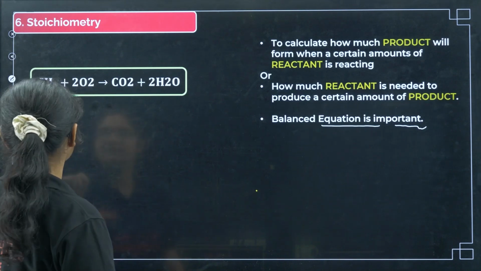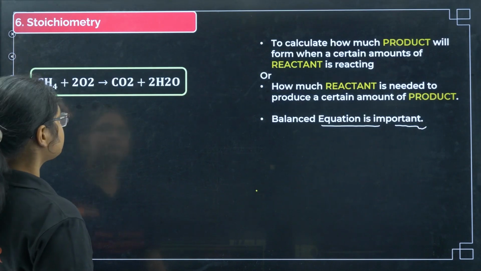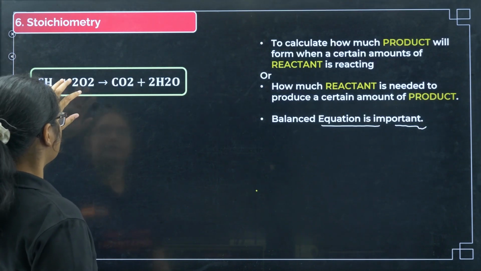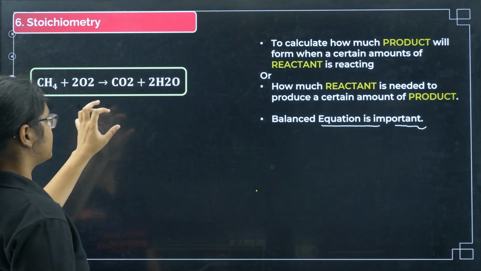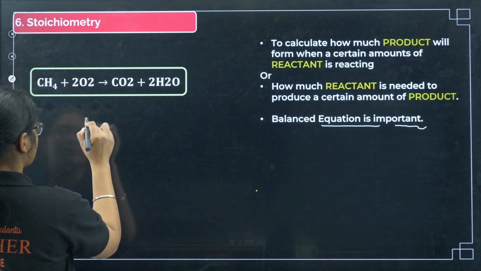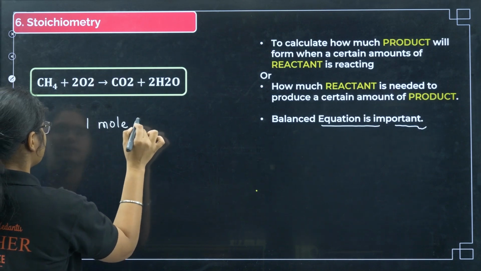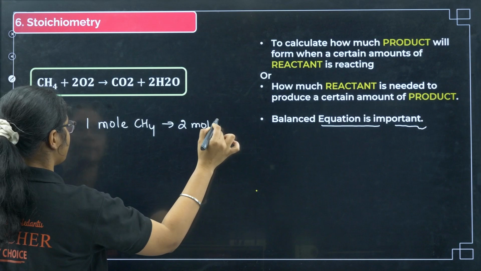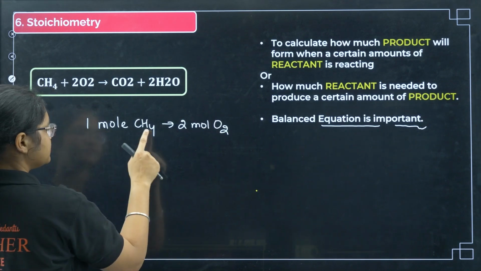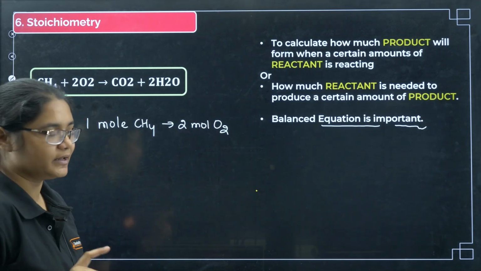For example, you can see here, CH4 plus 2O2 gives CO2 plus 2H2O, right, this is a balanced equation. So what does this equation tell me? 1 mole of CH4 reacts with 2 moles of O2. That's the first thing.